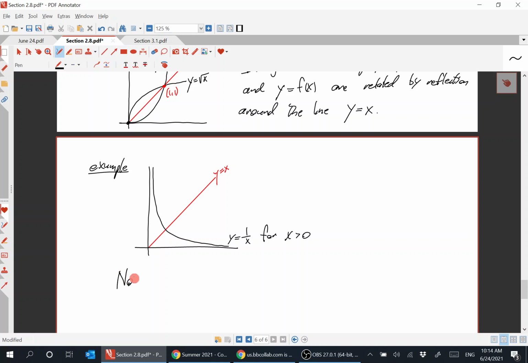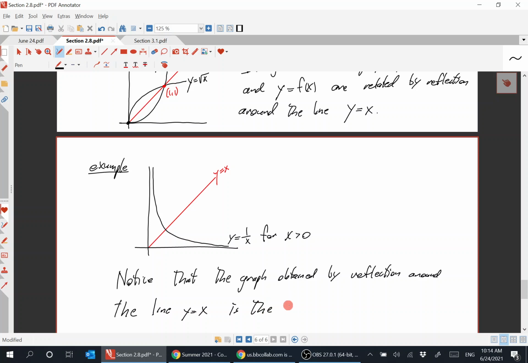Okay, so notice that the graph obtained by reflection around the line y equals x is the same graph.